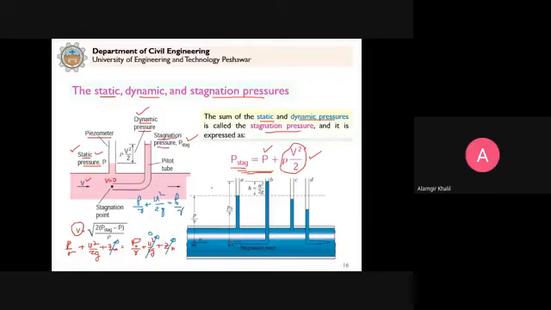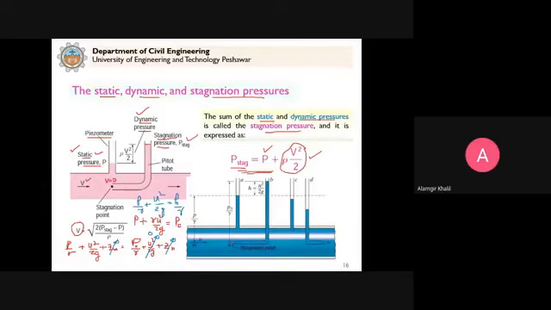So now if I want to write it in this fashion, you can write this equation as P, multiplying both sides by gamma, plus gamma U square divided by 2g is equal to P naught.